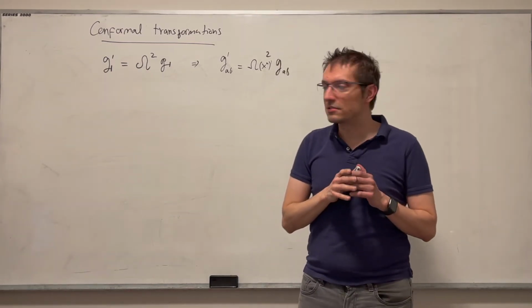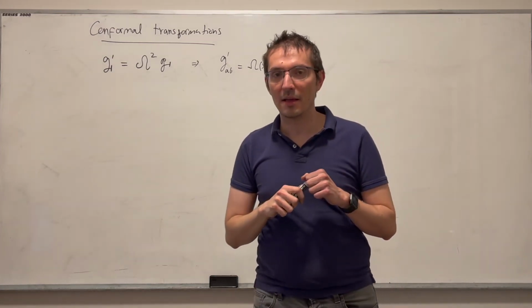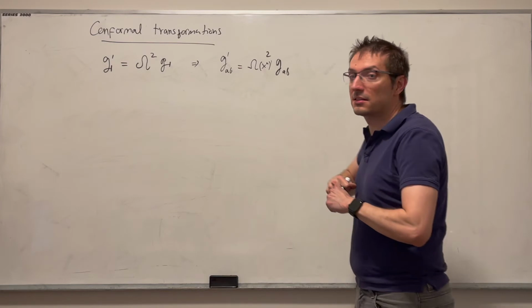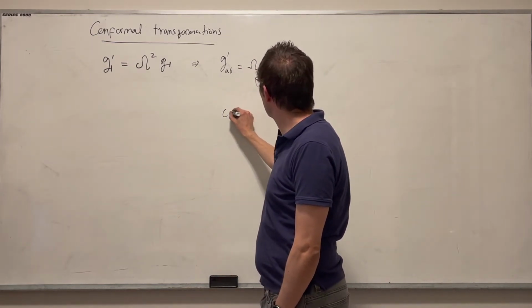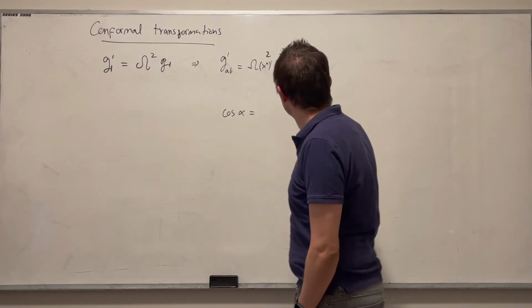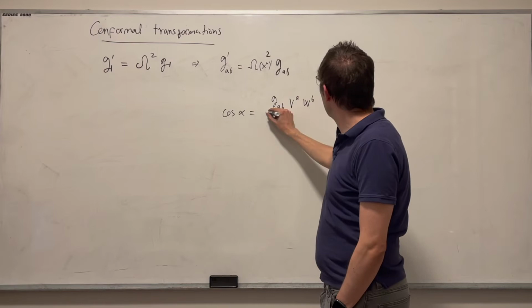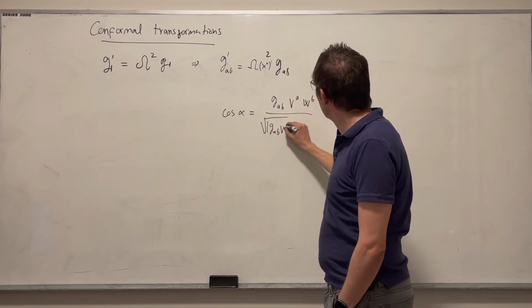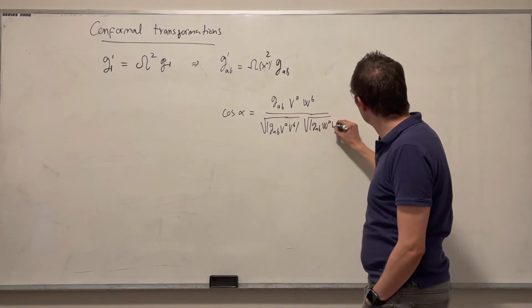Conformal transformations, you can quickly prove, preserve the angles between vectors. How do I know? Well, let's check it. If you have the angle between two vectors, remember the cosine of alpha was defined as g_ab v^a w^b divided by the square root of g_ab v^a v^b, and then the square root of g_ab w^a w^b.